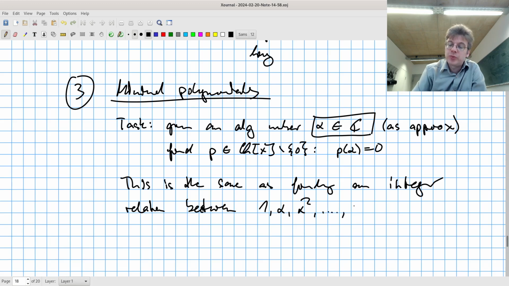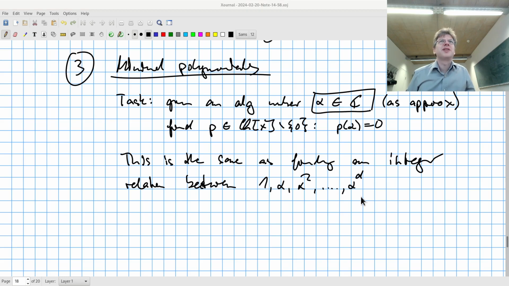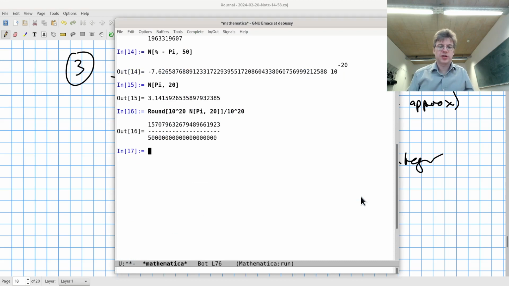You have to choose some degree, and you guess this degree, you try a certain degree. If it doesn't work, you try another one, until you either find something, or you are not interested anymore, or you start to suspect that the alpha is not actually algebraic.